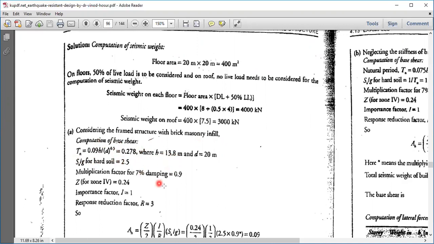I think we have done the same example. Multiplication factor for damping. Now the change over here is the damping. Now what is this damping?